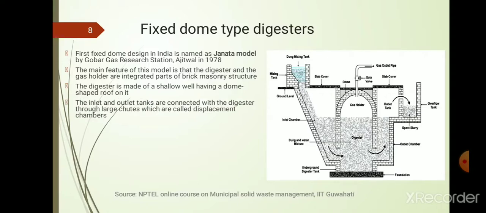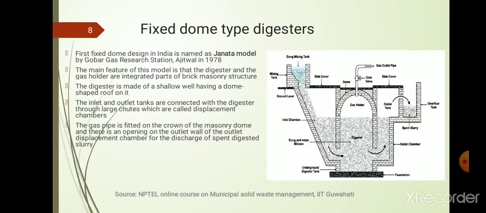And we have two tanks, the inlet and outlet tanks, connected with the digester through large chutes, which are called displacement chambers. On the left side we have an inlet chamber where the feed goes in, and on the right side an outlet chamber where slurry will be taken out.